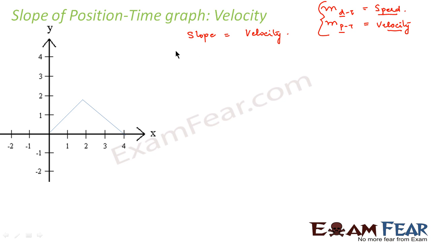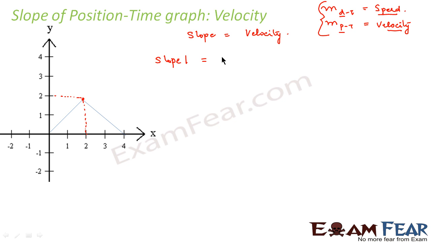Now let us see how we calculate the slope of this graph. It has two straight lines, 1, 2. So let us suppose first we find the slope of this line, then we find the slope of this line. Let us suppose we calculate slope 1, that means the slope of this line.